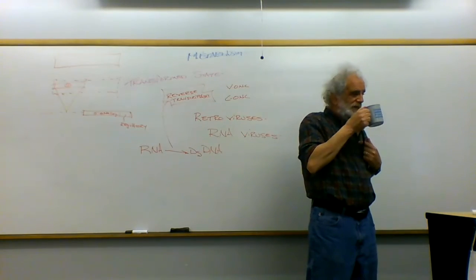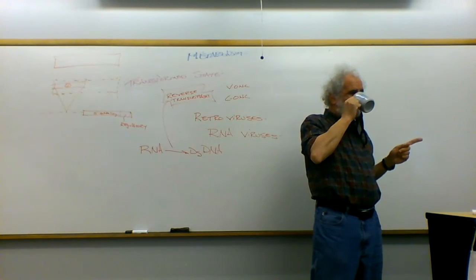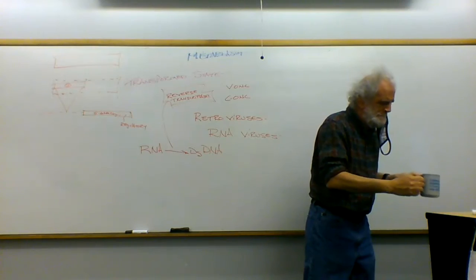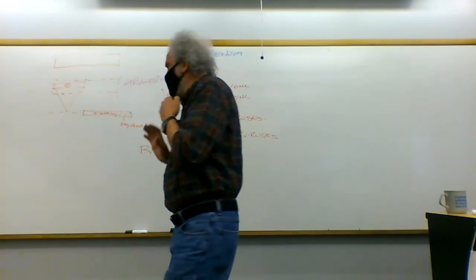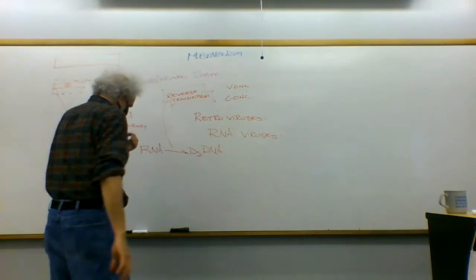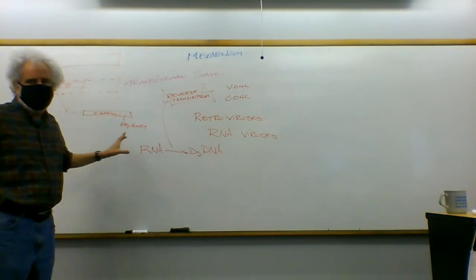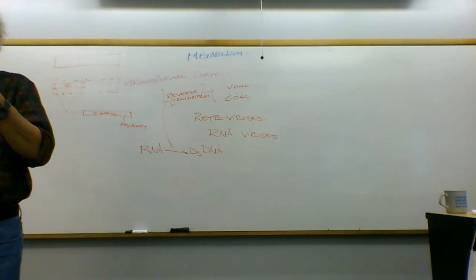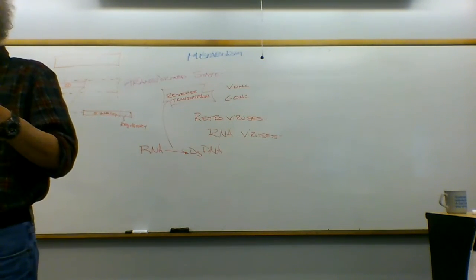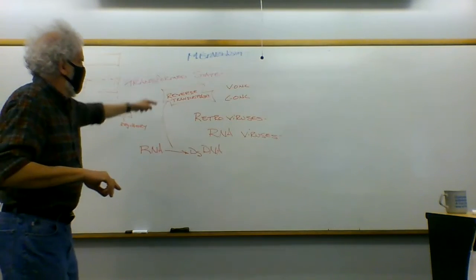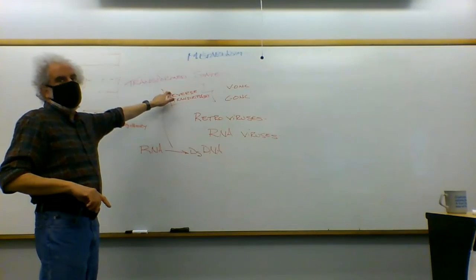And this is kind of a cute trick if you think about it. What the virus has done is it comes in as RNA. The RNA is something that is translatable. It can begin to produce proteins. One of the proteins it produces is reverse transcriptase.